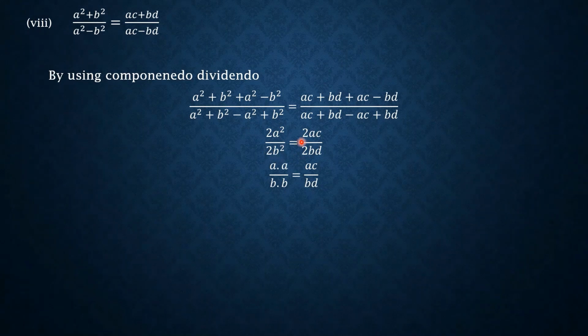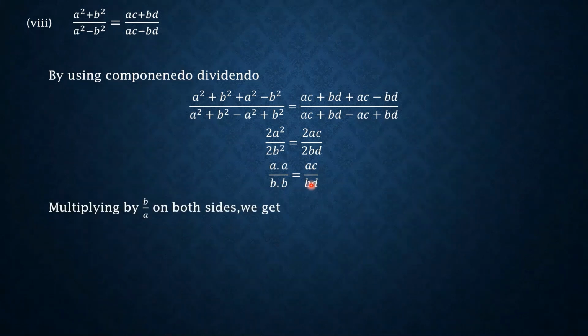Now 2 will be cancelled by 2 on left and right side, and we have a square by b square equal to ac by bd, which can be written as a into a divided by b into b equal to ac by bd. As we have to bring a over b equal to c over d, the extra terms a over b on the left and a over b on the right will be removed.